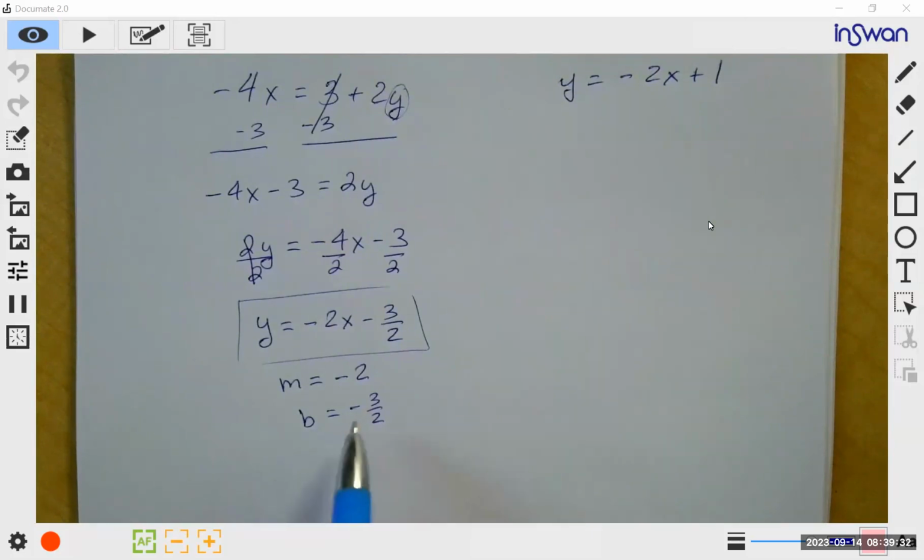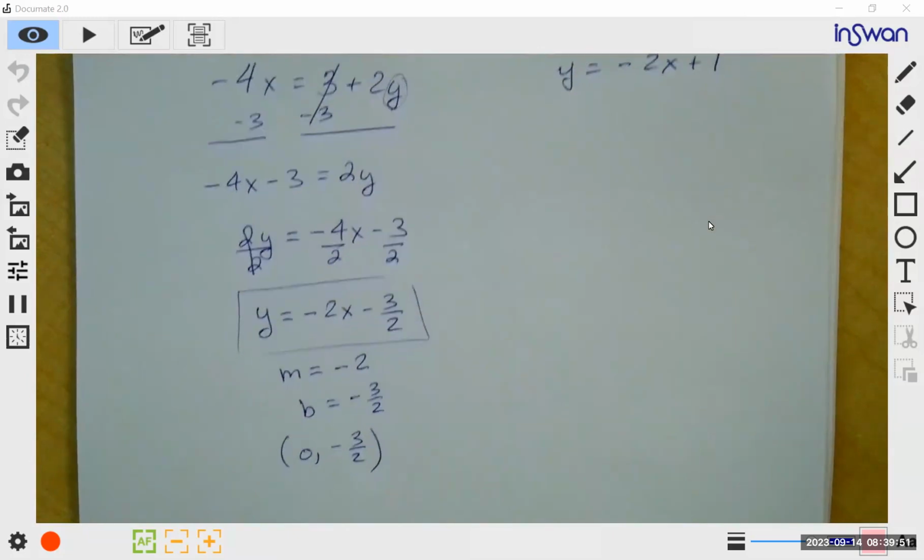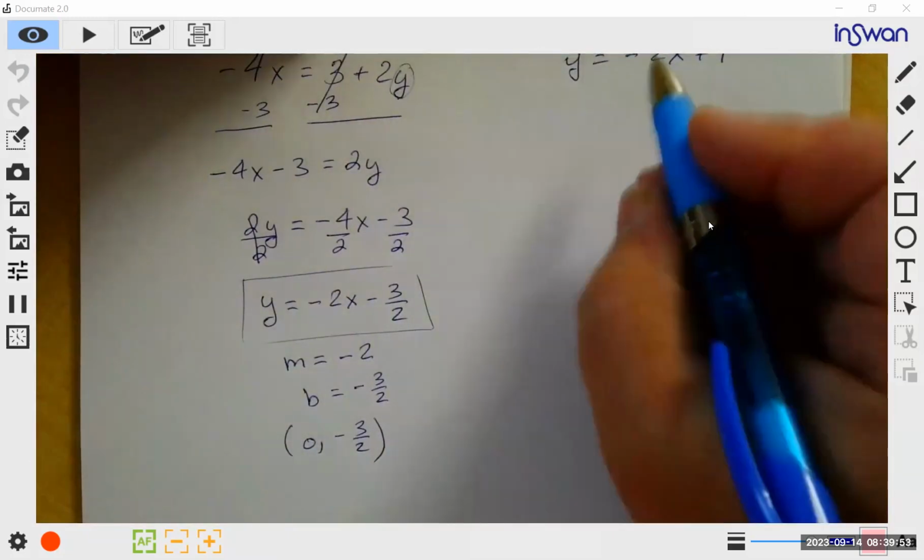Because the y-intercept is negative 3 over 2, but the location is 0, negative 3 over 2. Location is a point. So you're going to be asked those kind of questions online. Is it what's the location, or what is the intercept? What is the location of the intercept? So two different questions.